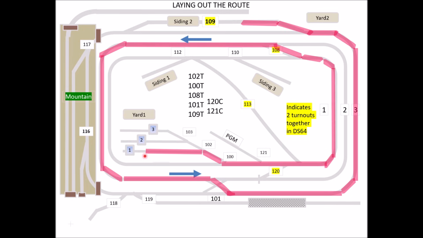So what we're going to do is take a locomotive from yard 1, track 1, and run it through loop 1, because that's where this yard is located. Run it through loop 1, switch it over to loop 2, go around here, then switch over with this crossover to loop 3, and then up to siding 2. So we're going to go from yard 1, track 1 to siding 2. Okay, let's give it a try and see if it works.